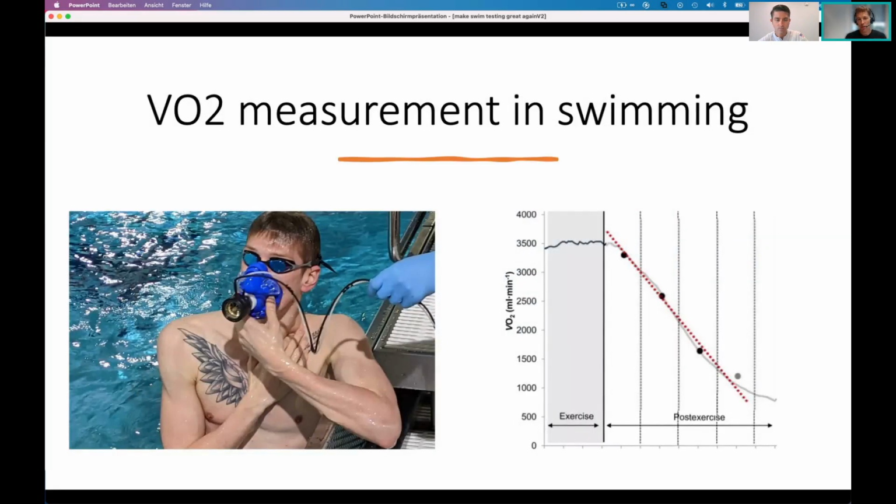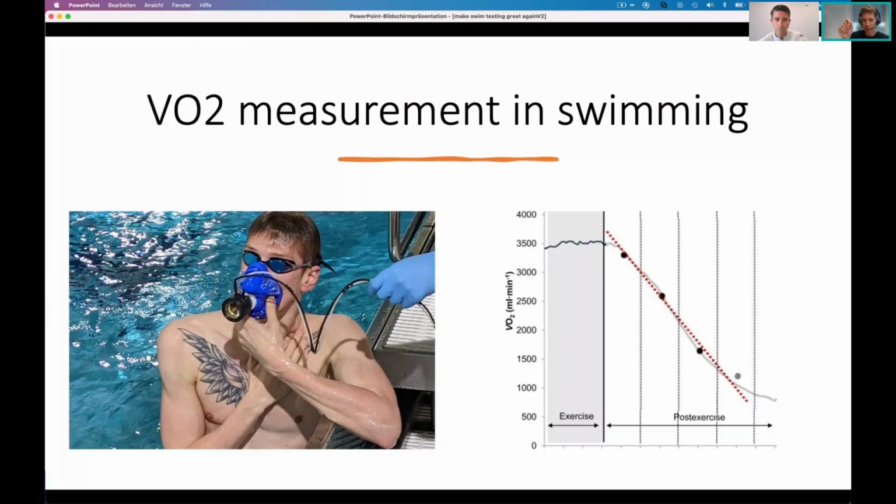The gold standard to do that is not putting somebody in the flume, is not putting somebody on a snorkel and these kinds of difficult measurements. The gold standard, which is what most of our users are doing, is just putting a VO2 analyzer on the face of the athlete as soon as they come back, as soon as they finished an effort. You see here Florian Wellbrock of the German Swimming Federation doing that.